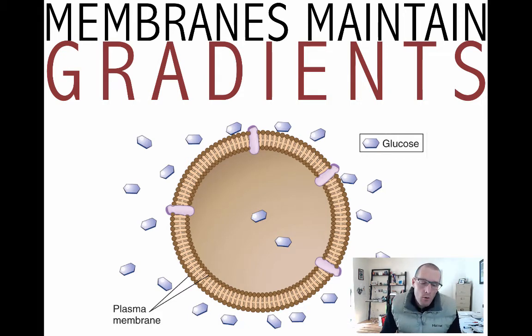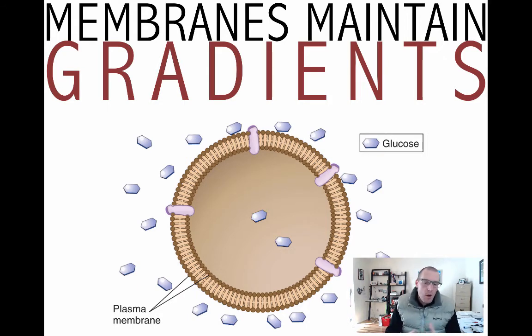And if the glucose could move, it would diffuse in the net direction into the cell, so that we ended up with the same amount of glucose inside the cell and outside the cell. That's for reasons of thermodynamics. It's more thermodynamically stable to have the same concentration on each side of the membrane.